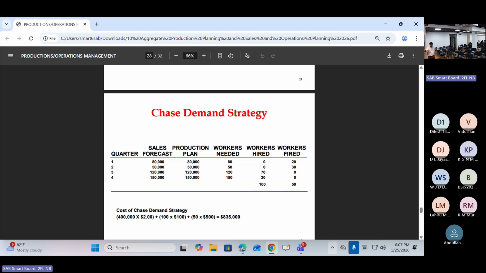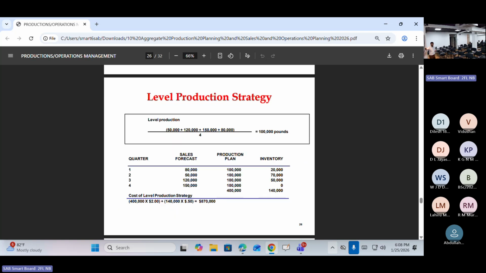So 100 times $100, plus a total of 50 workers should be fired, so 50 times $500. So the total cost of the chase demand production plan would come to 835,000. When you compare it with level production, for which the total cost is 870,000, out of these two strategies, which would be the lowest cost, most appropriate production plan?